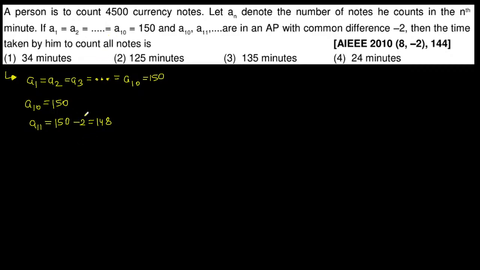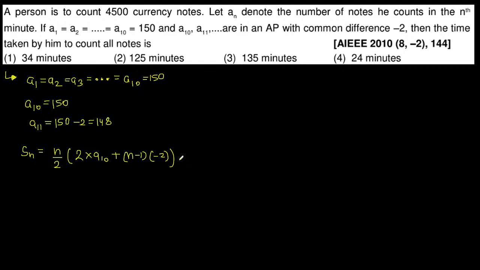So to count all the notes, what happened? We are given that Sn, if we count up to n minutes, is n by 2 times 2 into A10 plus n minus 1 times d, where d is minus 2. From A11 up to n we are going, A11 is the first term.